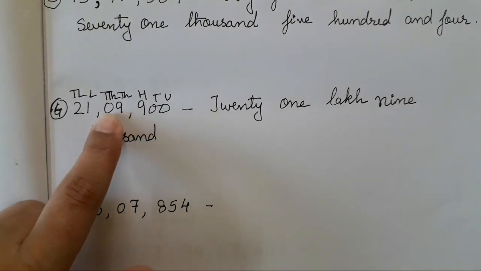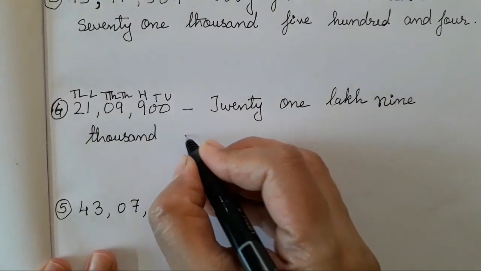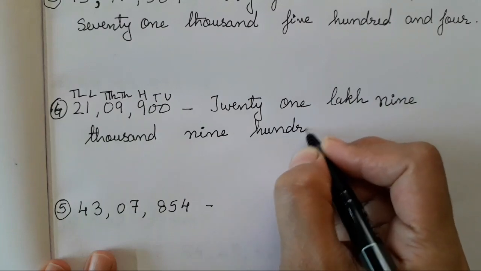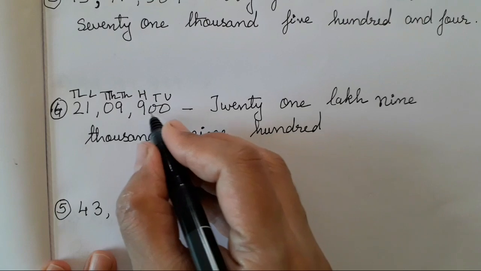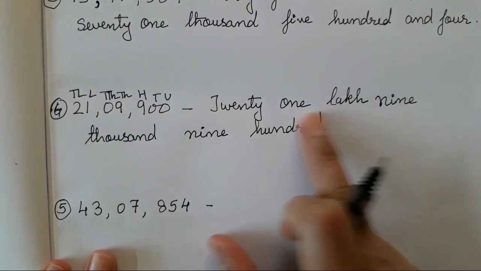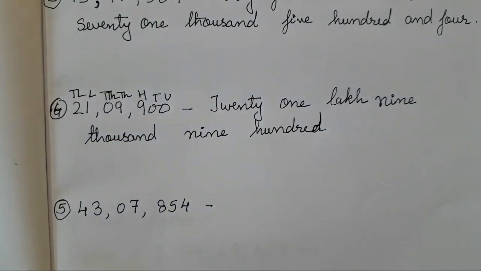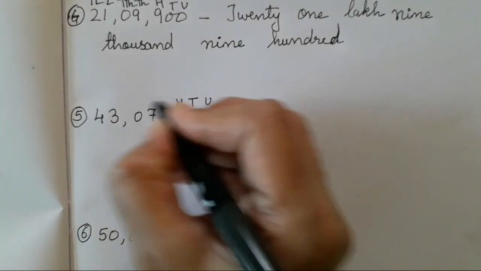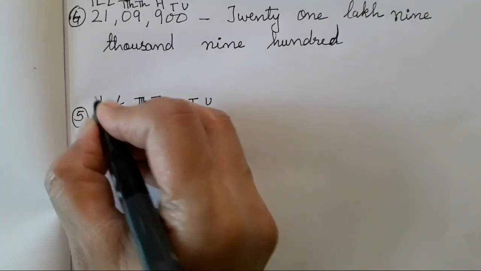Because there is no unit at the 10,000s place. Then 900, and there are no units over here, 0 is there, so we don't have to write it. So 21 lakh 9,900. Got it? Now, the next number is unit, tens, hundred, thousand, 10,000, lakh and 10 lakh.